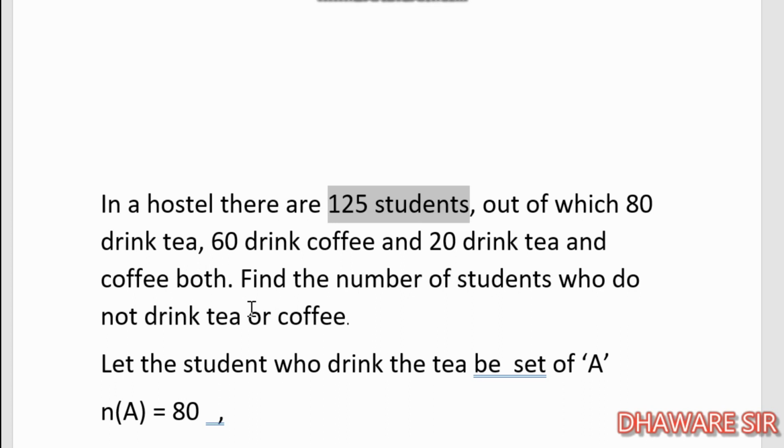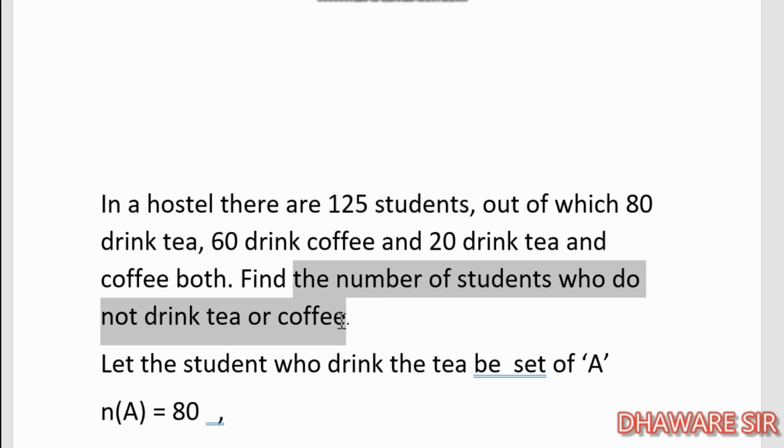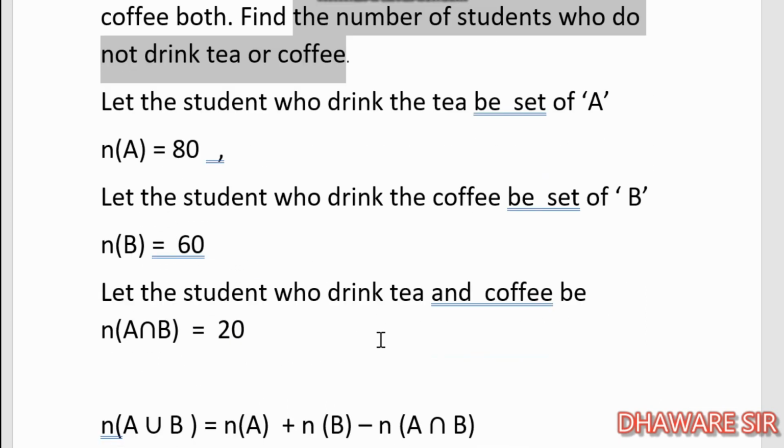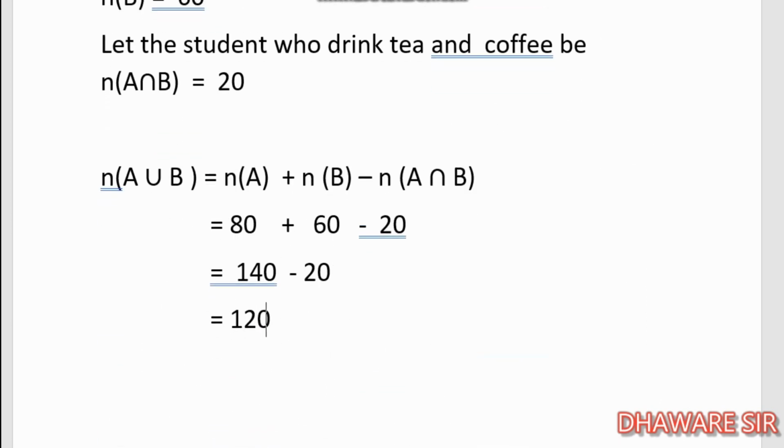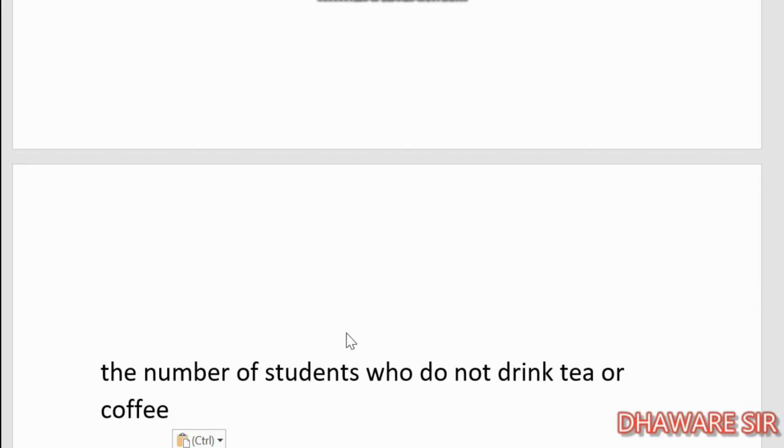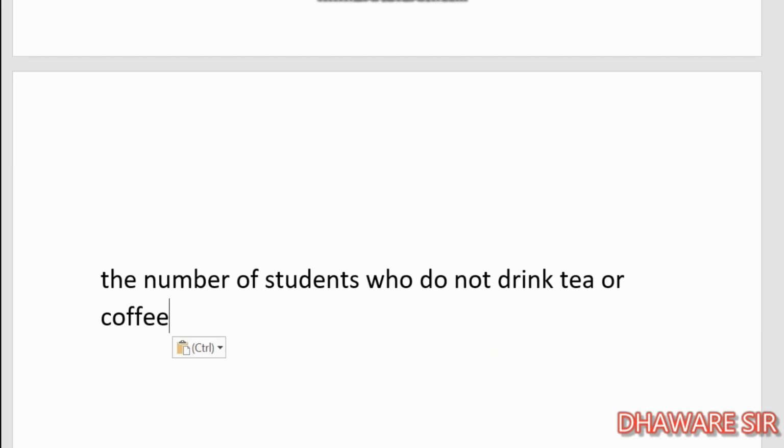So what is our question? The number of students who do not drink tea or coffee is equal to 125 minus 120.